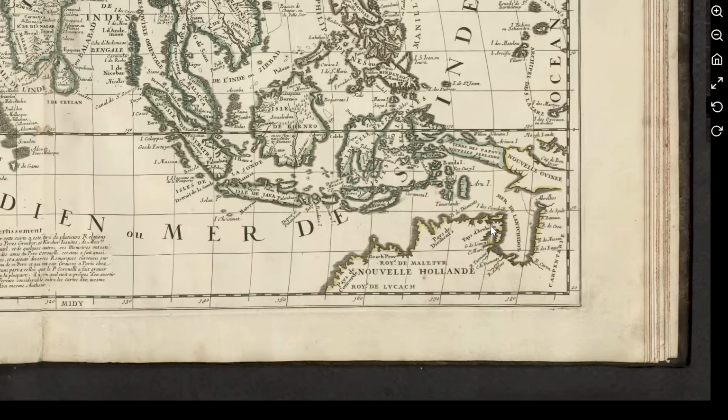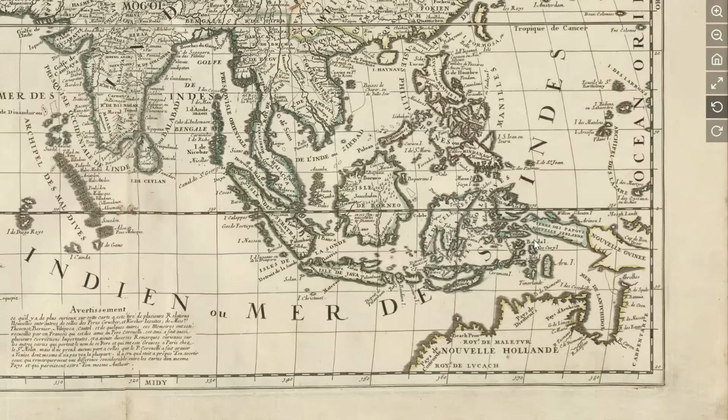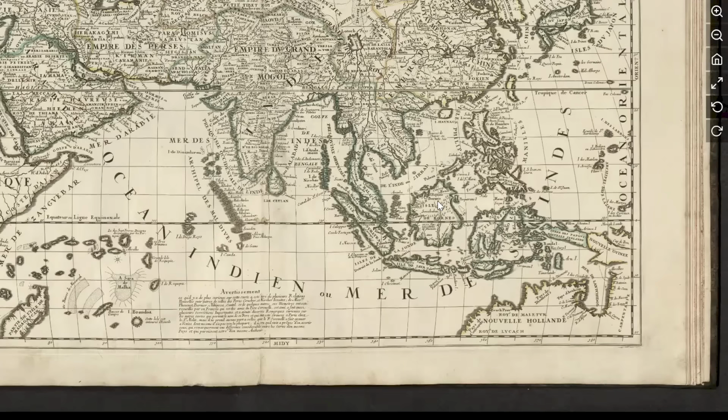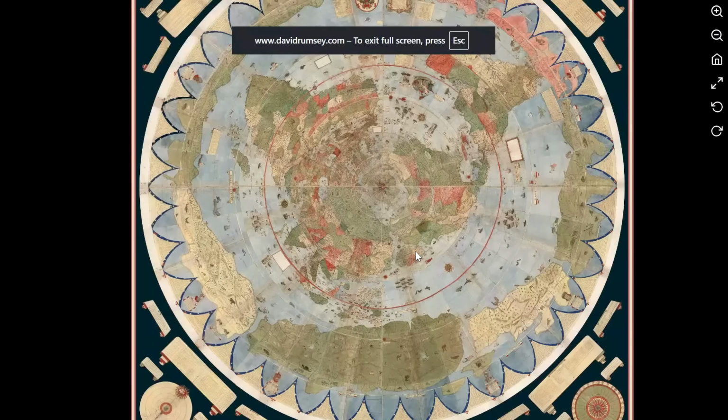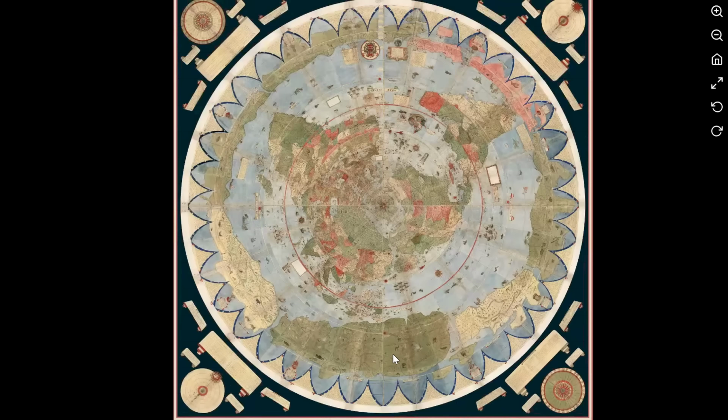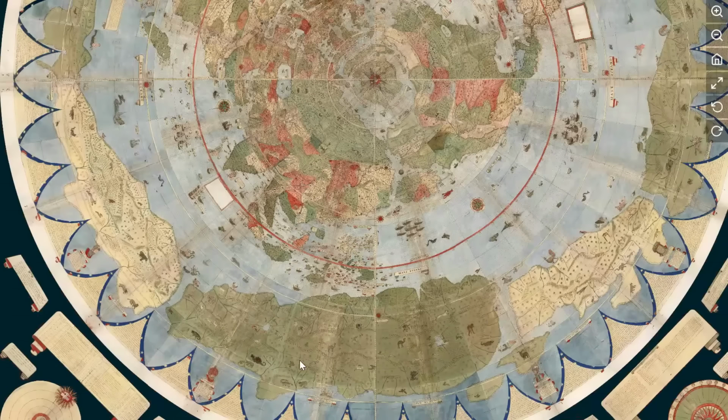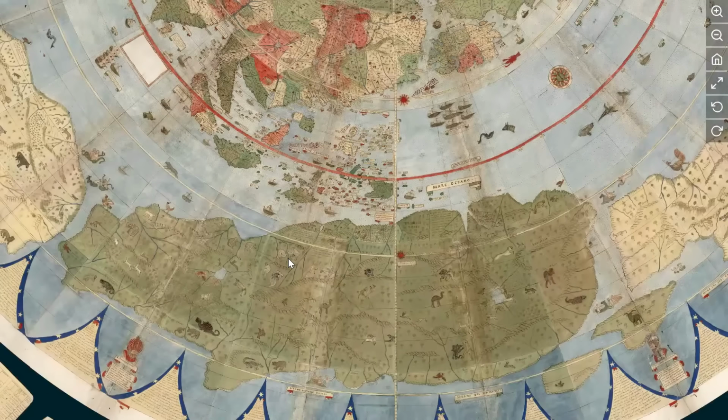Of course, they say Australia was discovered in the 1600s by the Dutch, and then Captain Cook got out here in 1770, and in 1788 it was declared a British colony. So the question is, how did we go from a map like this, with this landmass where Australia should be, to the maps of today, where Australia is a much different place?